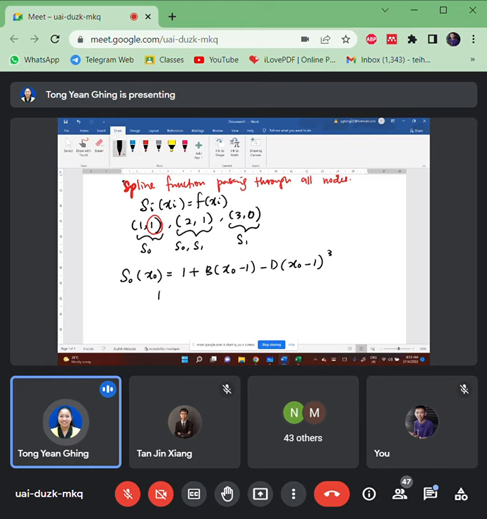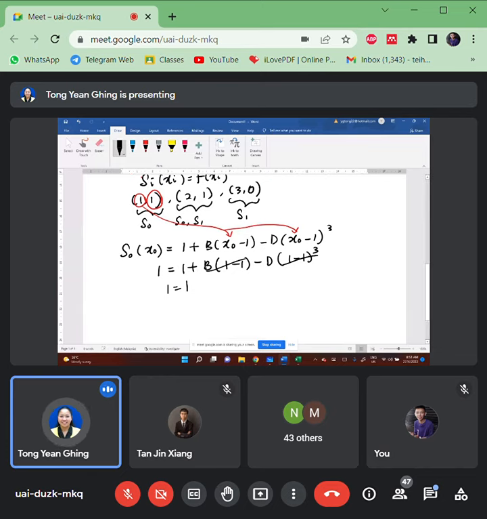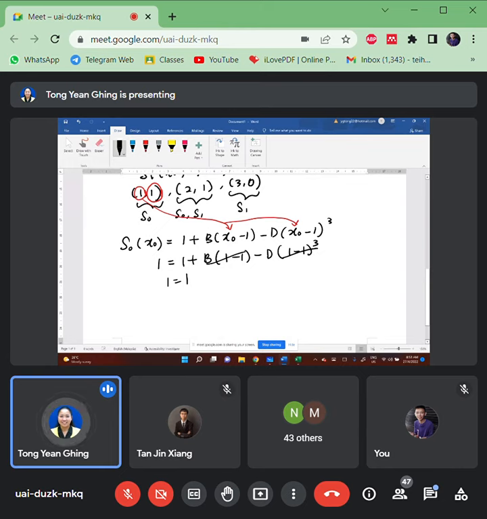So that means 1 equal to, now I need to substitute the value of X0 here. So this means 1 plus B 1 minus 1 D 1 minus 1 power of 3. So this cancels out, 1 equal to 1. So there is nothing here, we cannot solve. Okay, now go to this one.